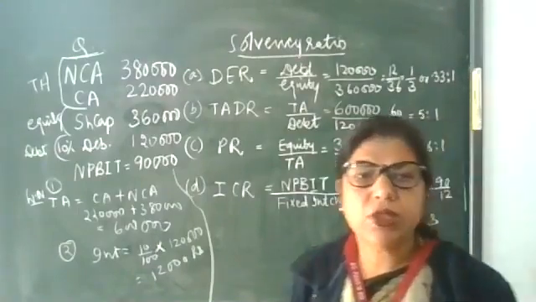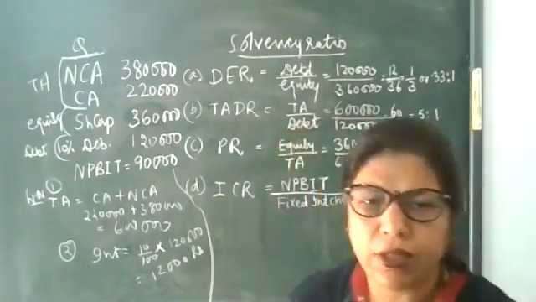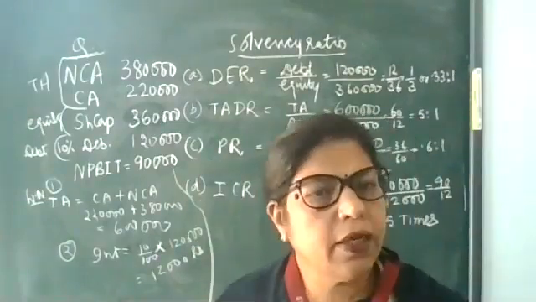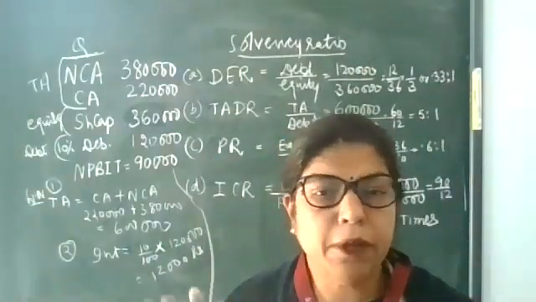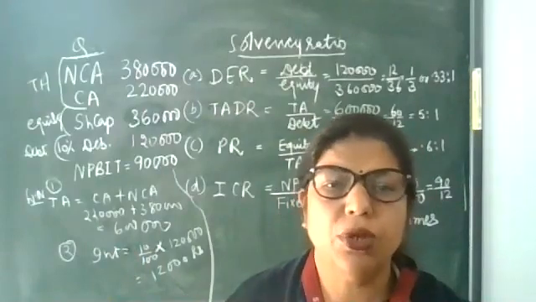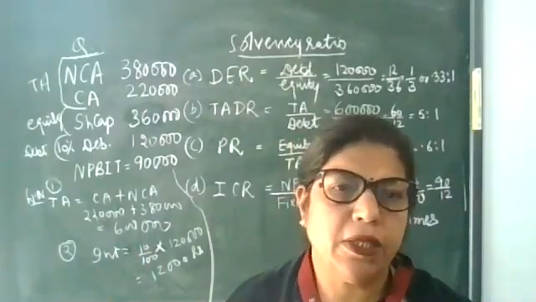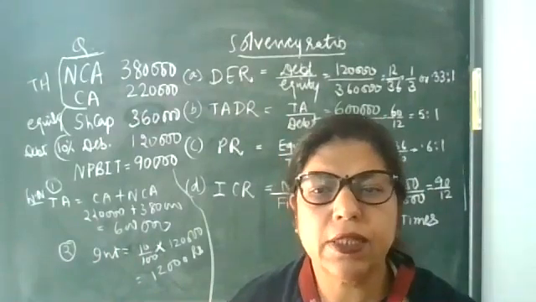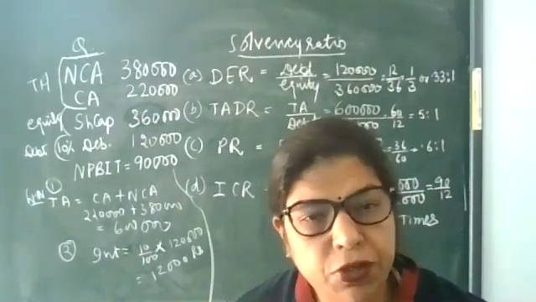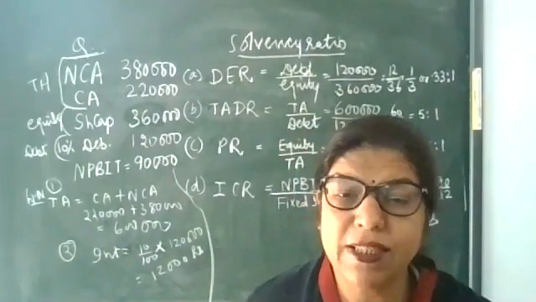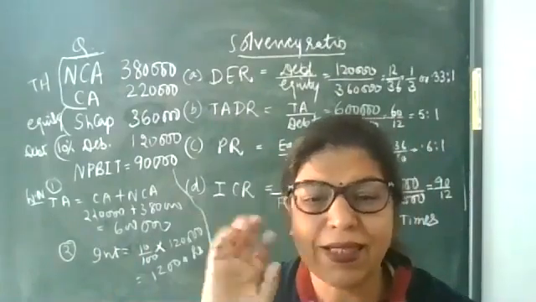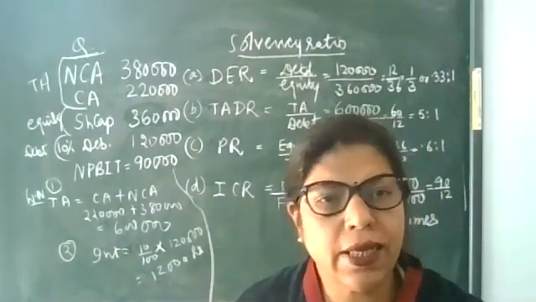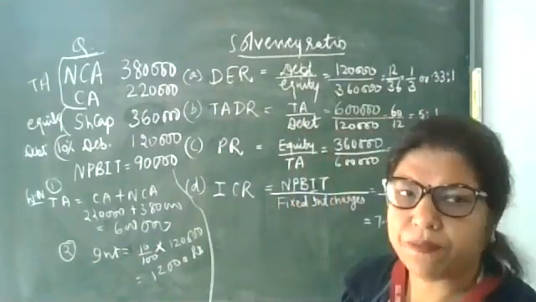And see, my dear children, one more thing I want to say. All ratios should be higher, greater, but the debt equity ratio should be lower. That is a better indicator of an organization. If the debt equity ratio is lower, it means the company has less debt, less loans.